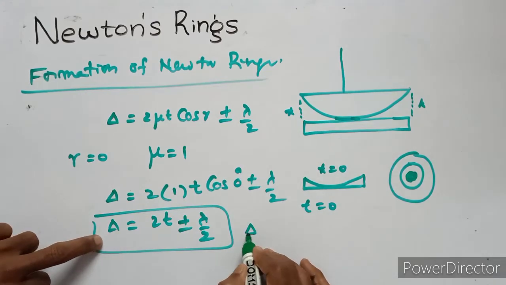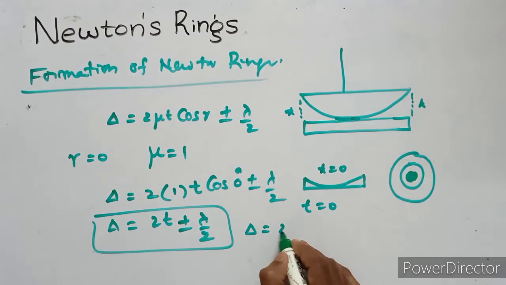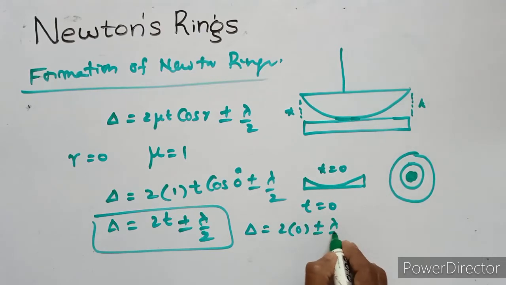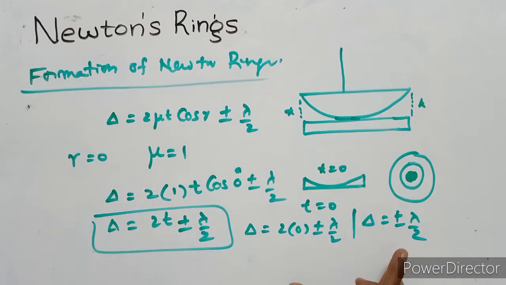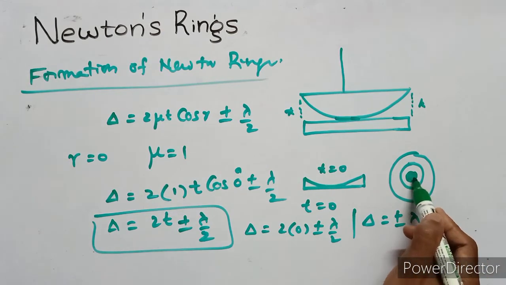In the effective path difference, delta equals 2 into 0 plus or minus lambda upon 2, so delta equals plus or minus lambda upon 2. This is the dark condition. So at the central point the condition is the dark condition, and the central ring is the dark ring.